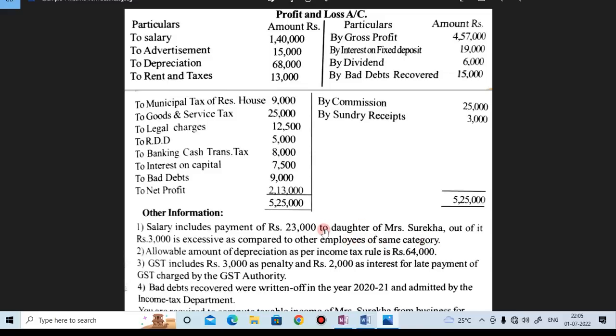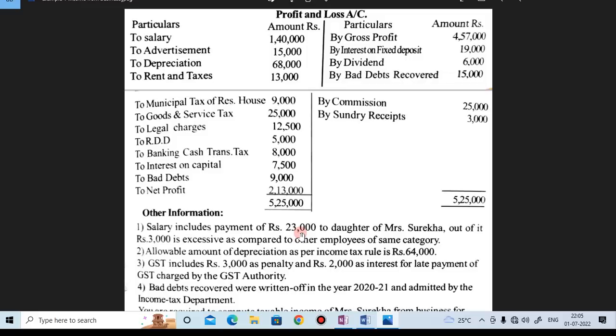Now daughter and Sureka, that means there is a relationship between mother and daughter. So here, when we compare, other employees are getting how much salary? 20,000 salary, but comparatively Sureka's daughter is getting 3,000 extra.